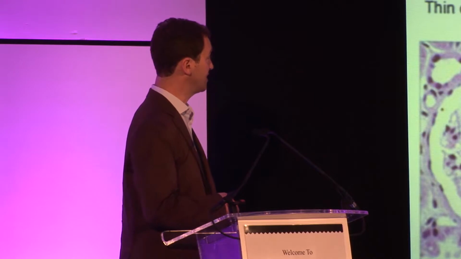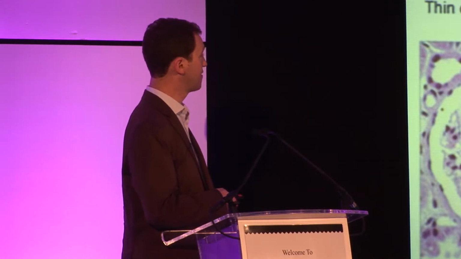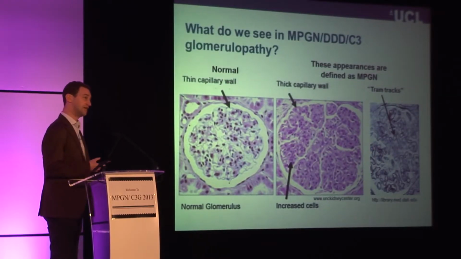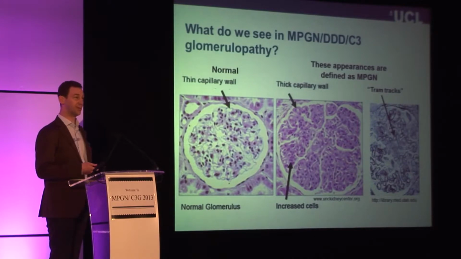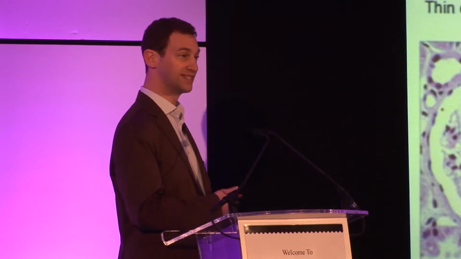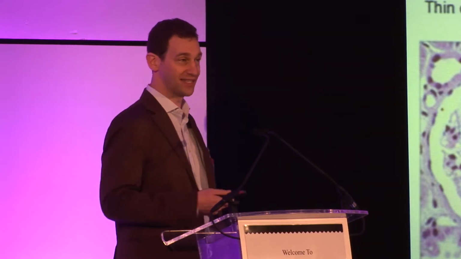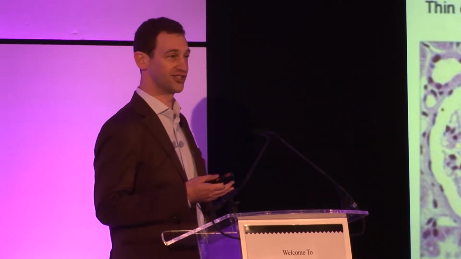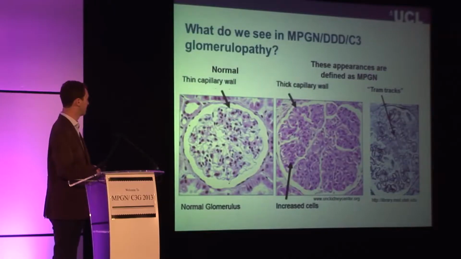In addition to that, you have thickening of the capillary walls. One of the reasons that this disease is sometimes known as mesangiocapillary glomerulonephritis is that on the light microscopy of the kidney biopsy, what you see is mesangial, that's supporting cell expansion, and capillary wall thickening, so mesangiocapillary. And that's what mesangiocapillary glomerulonephritis actually means. Glomerulonephritis just means inflammation of the glomeruli.